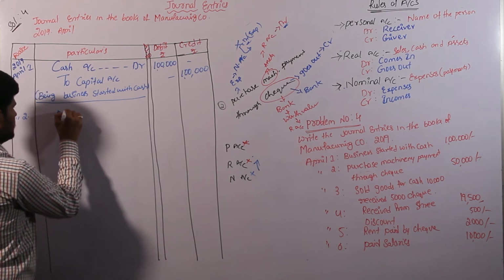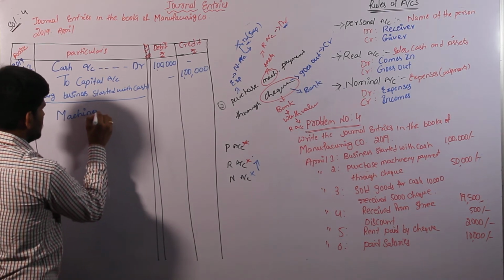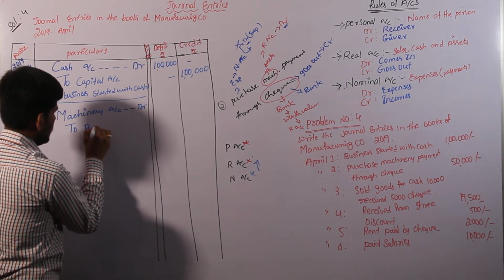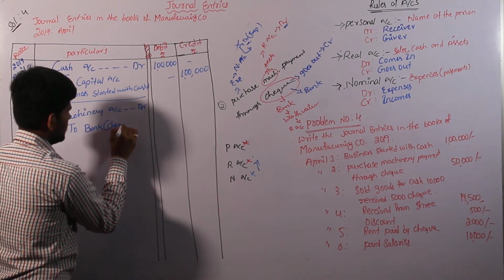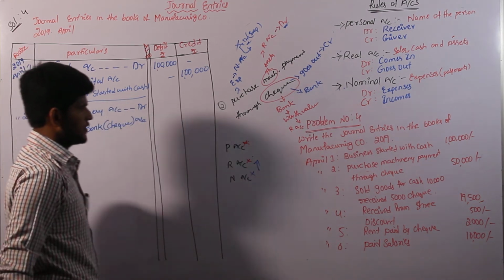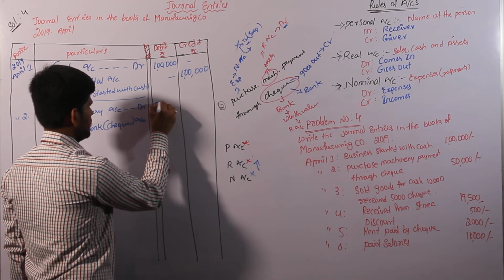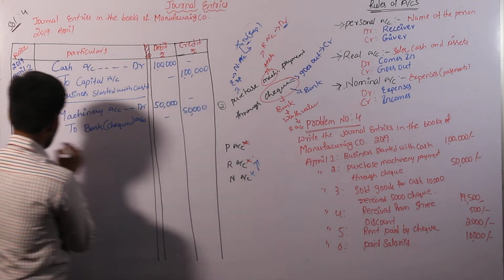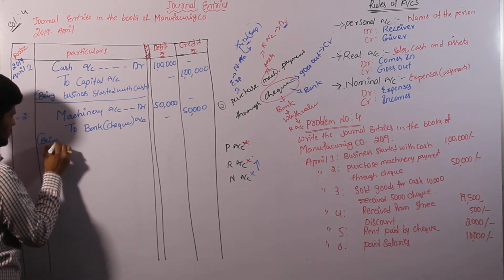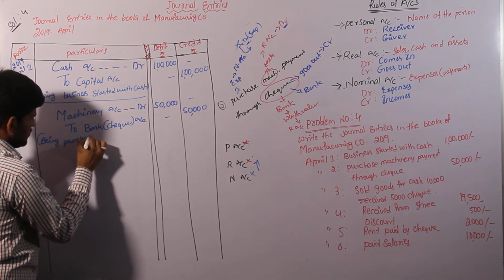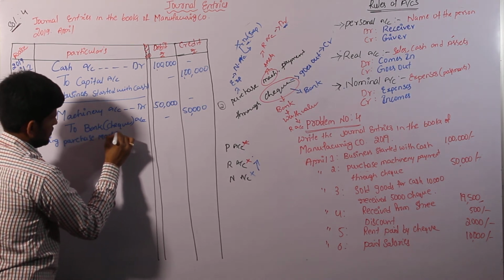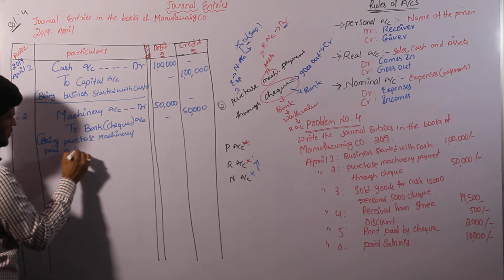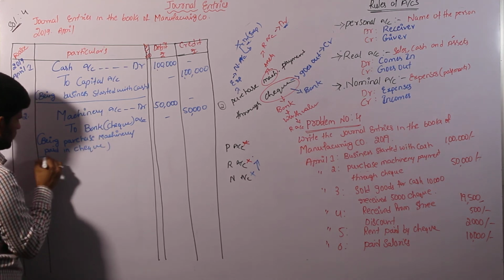Machinery account debit to bank account, I am indicating in brackets check account. The value of the second transaction is 50,000. Narration: being purchase machinery paid in check.